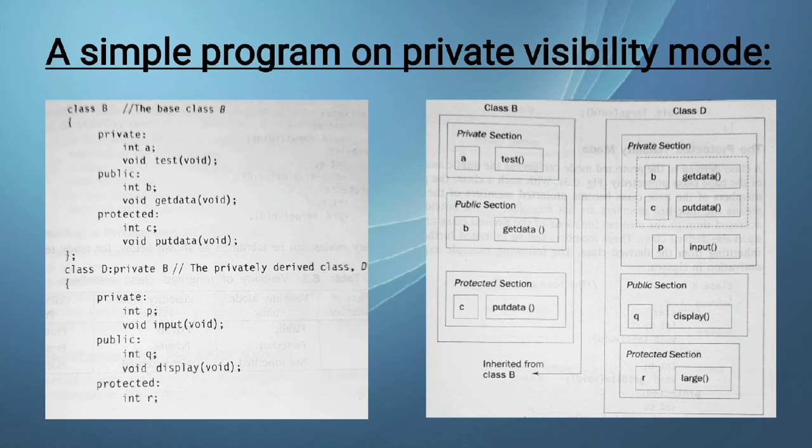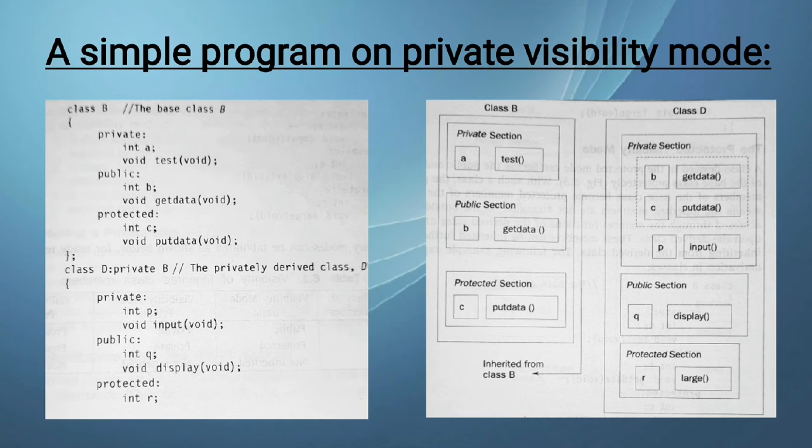Let's first look at the class B definition. Within the brackets you have private, public and protected. The members have been declared as private, public and protected, all three, to show you the difference in how it works.